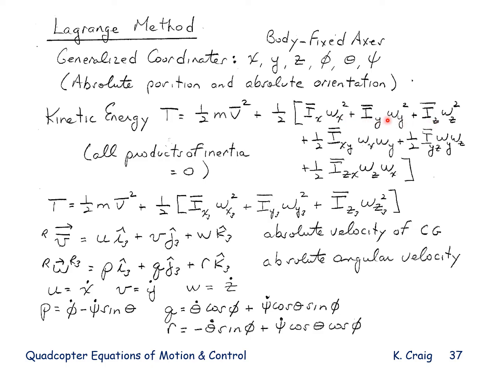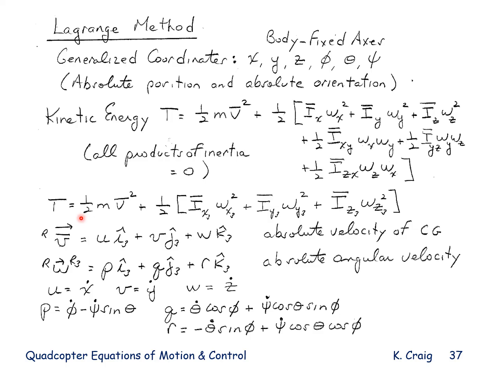Omega x, omega y, omega z are the absolute angular velocities of the quadcopter. These are the x, y, and z components of the angular velocity, and that's absolute with respect to the ground reference frame, the inertial reference frame. V bar is also the velocity of the center of mass with respect to the inertial reference frame.